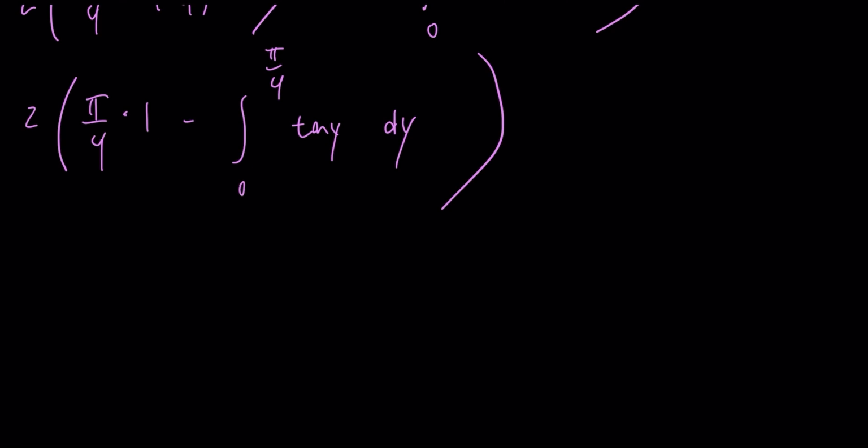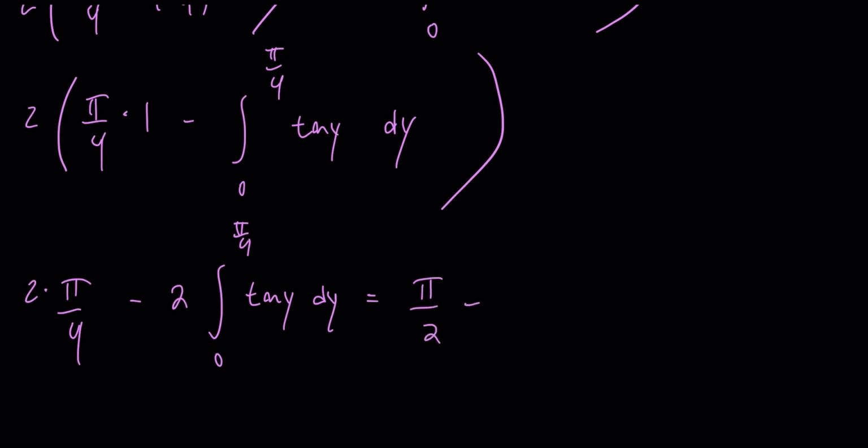And distributing the 2, we have 2 times pi over 4 minus twice the integral from 0 to pi over 4 of the tangent of y dy, which is equal to pi over 2 minus twice the integral from 0 to pi over 4 of the tangent of y dy.